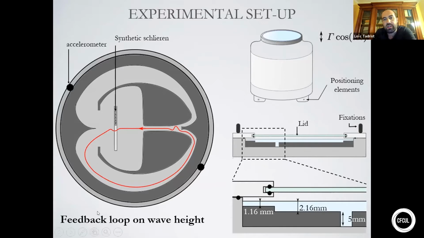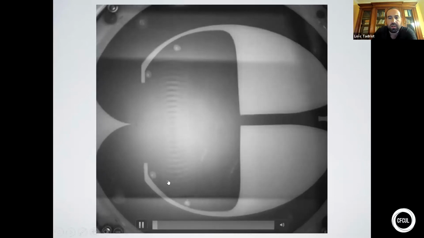The peculiarity of this setup is that the feedback loop is not done onto the acceleration of the shaker, but on the wave height of the Faraday wave in the groove. So here is what we can observe. Here are the standing Faraday waves, and we send here a droplet.